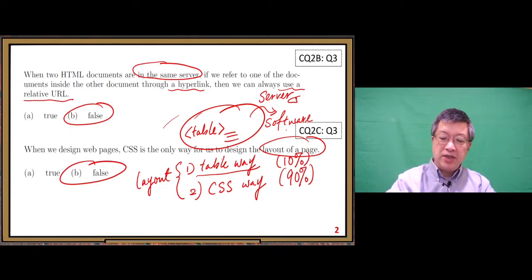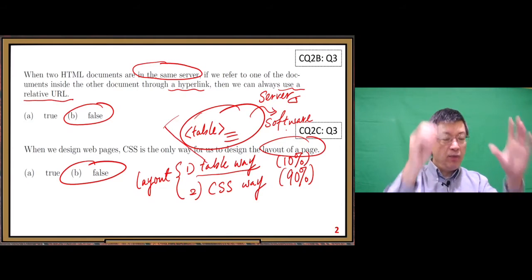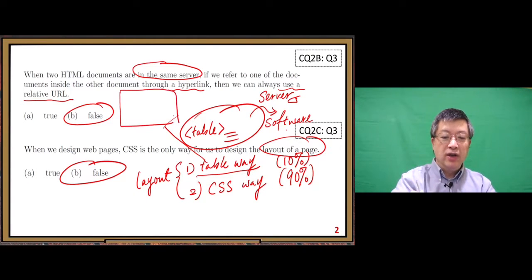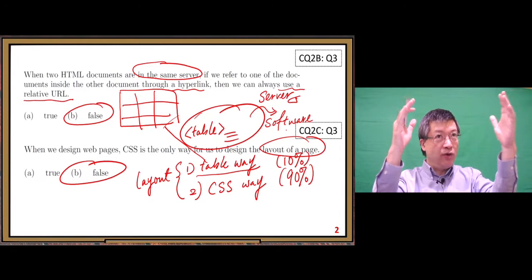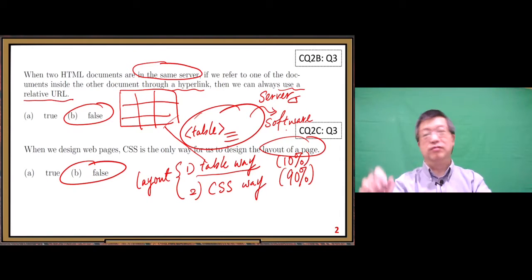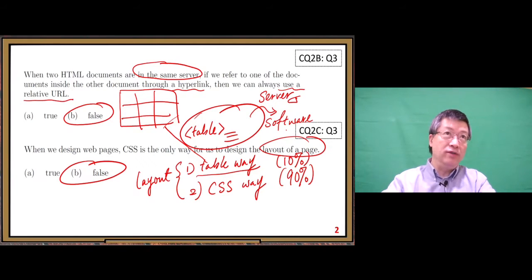Why? Because the table way provides a natural grid. So you can organize your components in a grid automatically. There is a table, its structure is that grid structure. But in CSS, you couldn't get a grid, right?